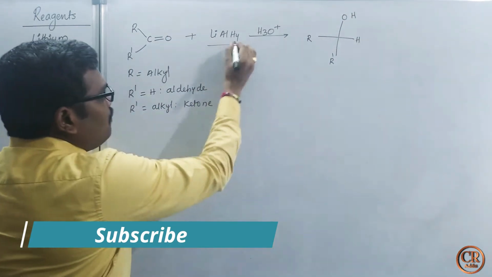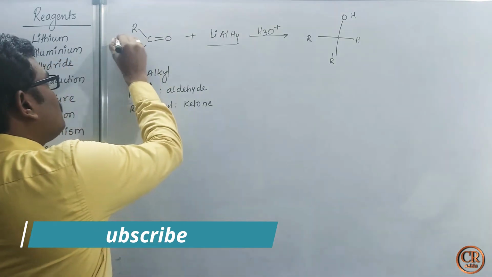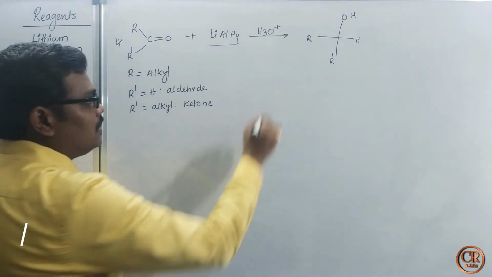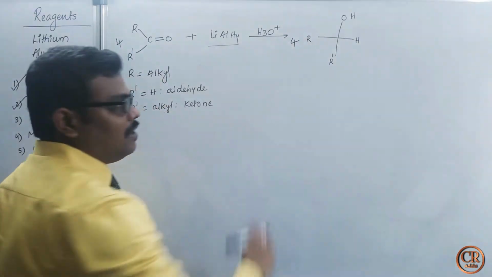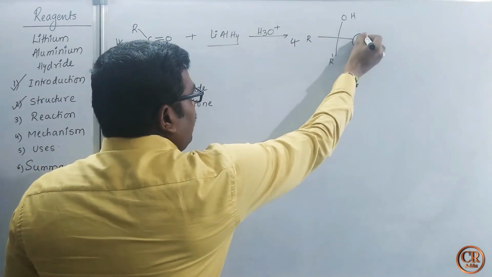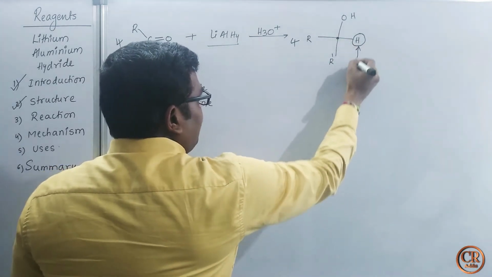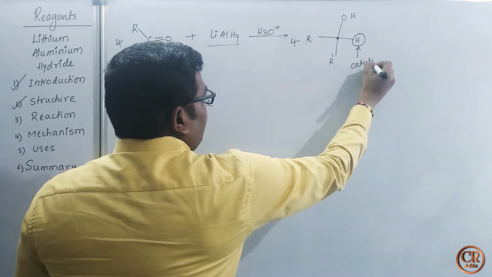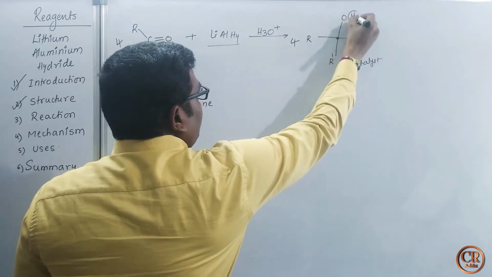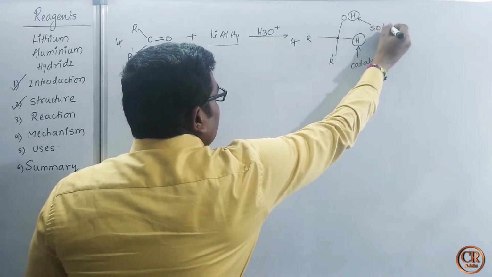Here 1 mole of lithium aluminum hydride can reduce 4 moles of carbonyl compounds. Then we get 4 moles of alcohols. The hydrogen which is bonded to carbonyl carbon comes from the catalyst, and the hydrogen which is bonded to oxygen comes from the solvent.